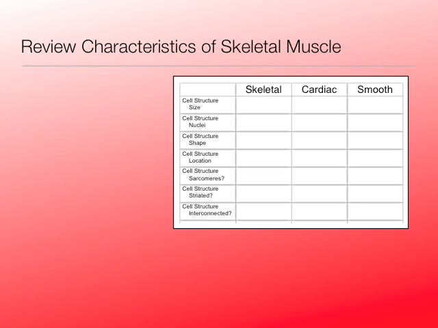So you have this handout, right? And we have all these boxes that we want to fill out. So let's start right here at the top, and let's take cell structure, the size of skeletal muscle cells or muscle fibers. How would we describe the size?